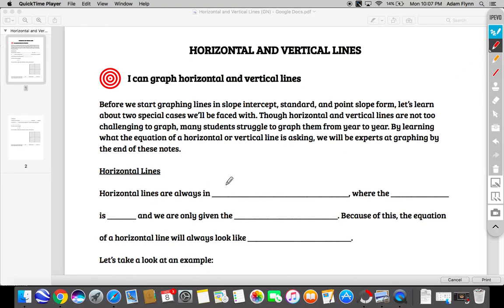So horizontal lines are always in slope-intercept form, where the slope is 0, and we are only given the y-intercept.